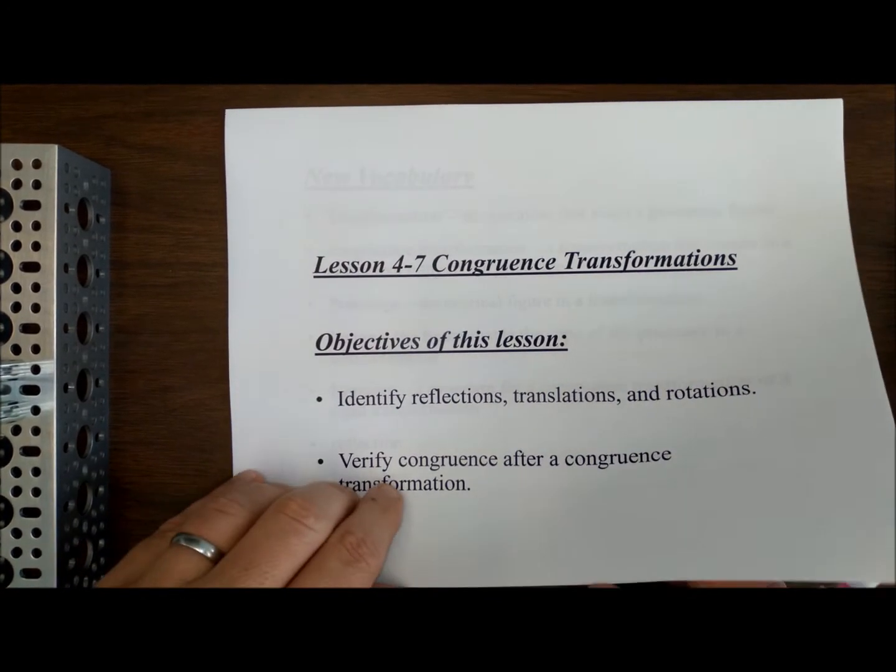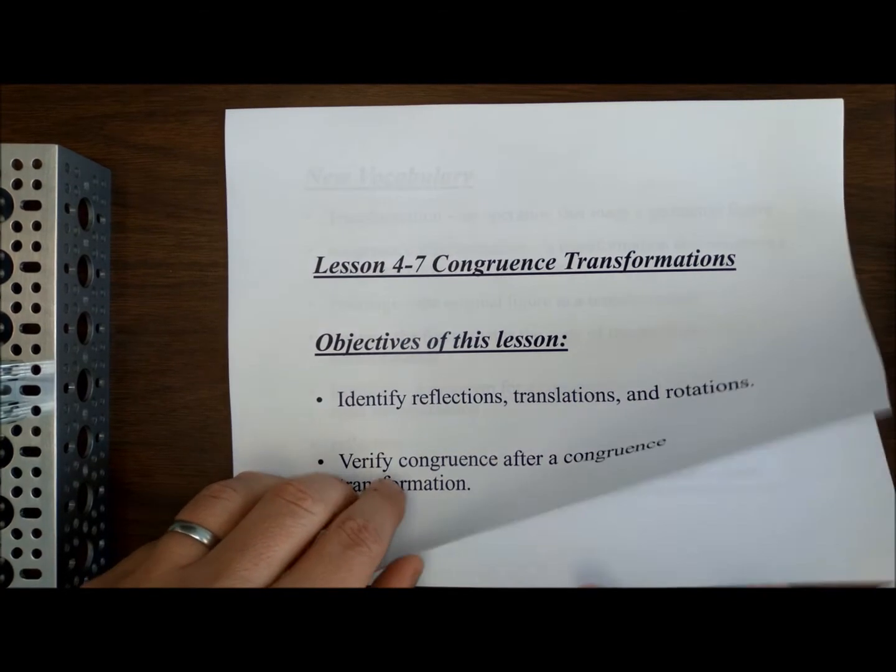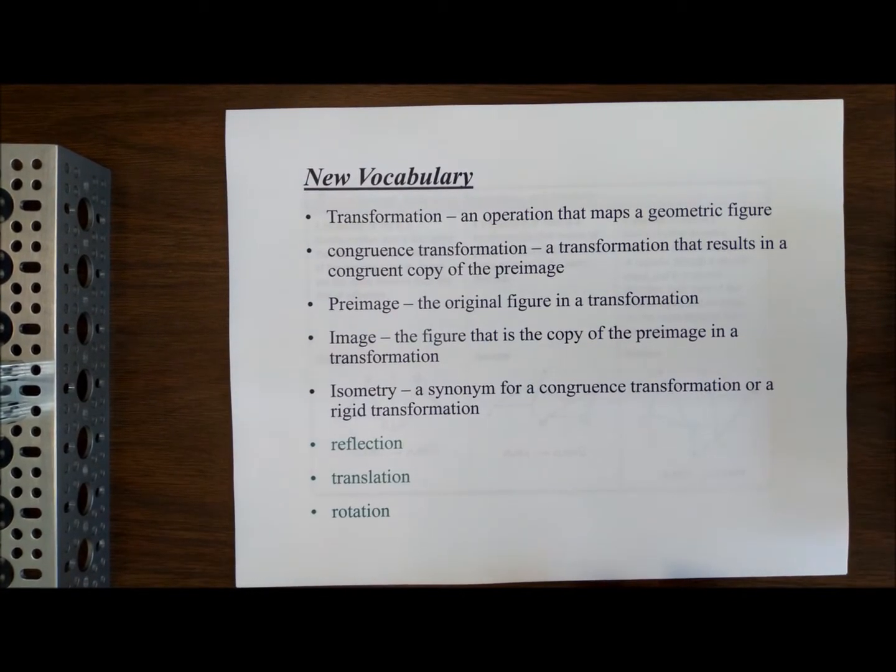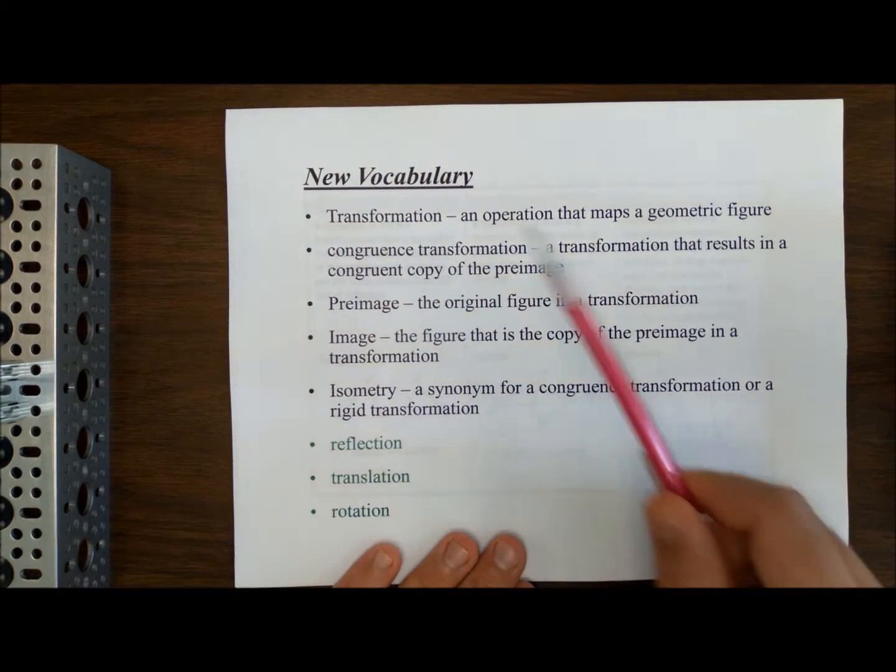All right, we've got some new vocabulary here that we've got to look at, including what is a transformation. A transformation is an operation that maps a geometric figure. Okay, that basically means we're making a copy of it, and a congruence transformation is a transformation that results in a congruent copy of the pre-image. There are certain types of transformations.